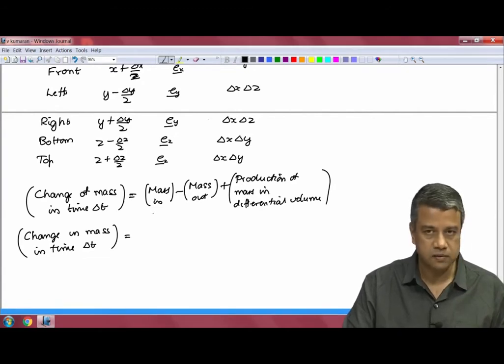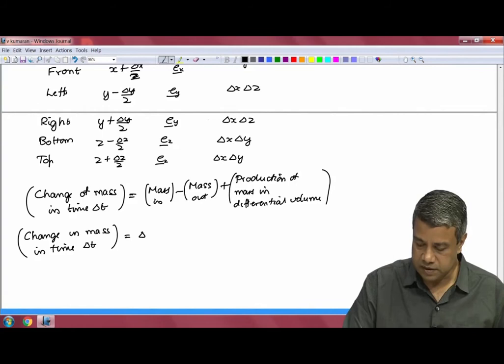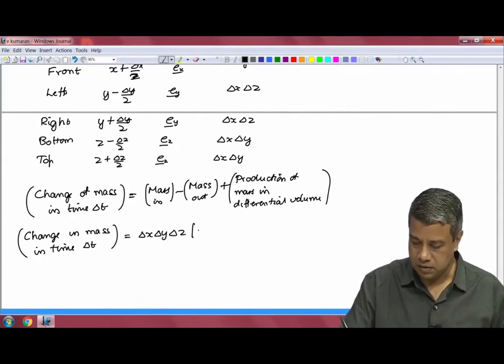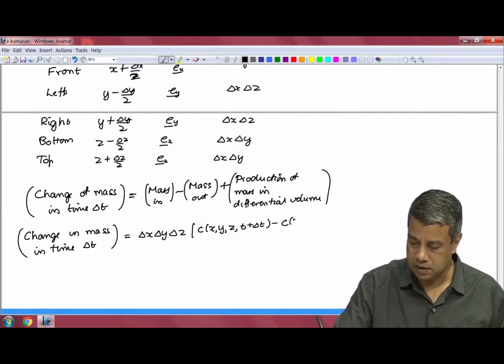After all, mass is equal to the concentration times the volume. Volume of this differential element is delta x, delta y, delta z into the concentration at x, y, z, t plus delta t minus the concentration at x, y, z, t.